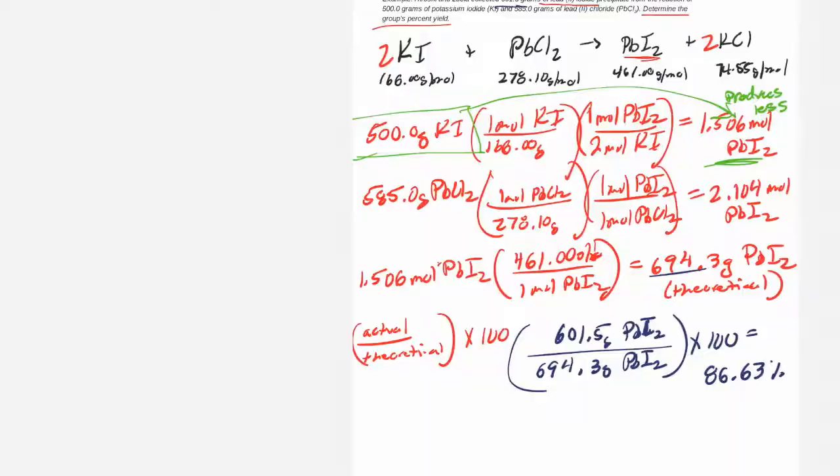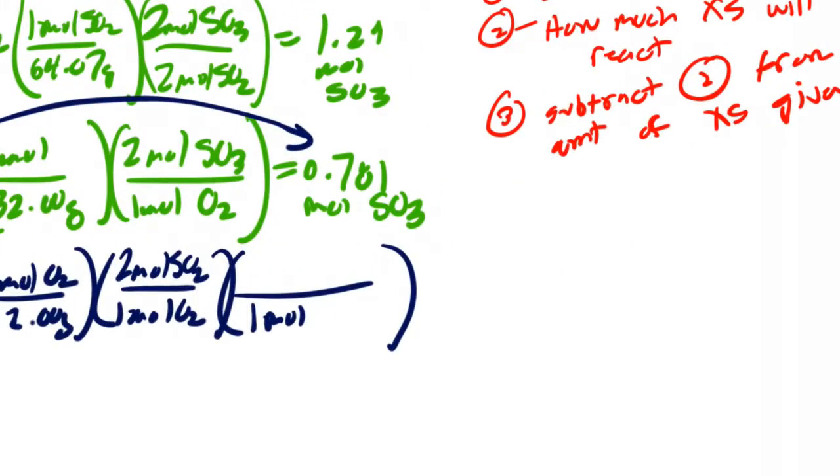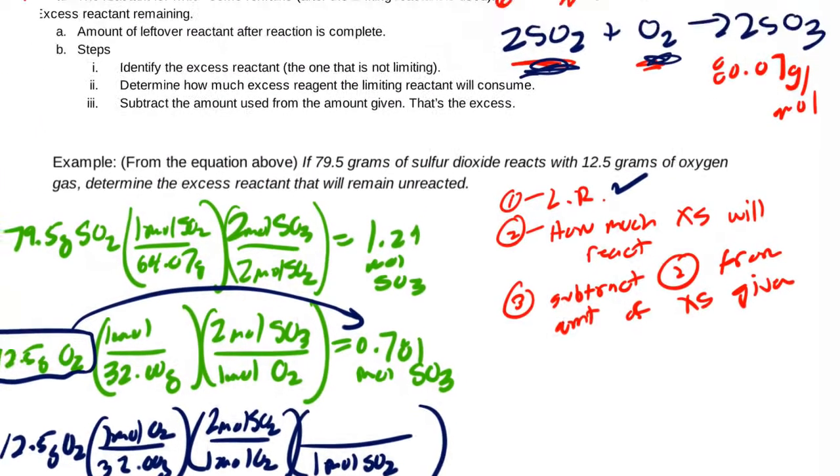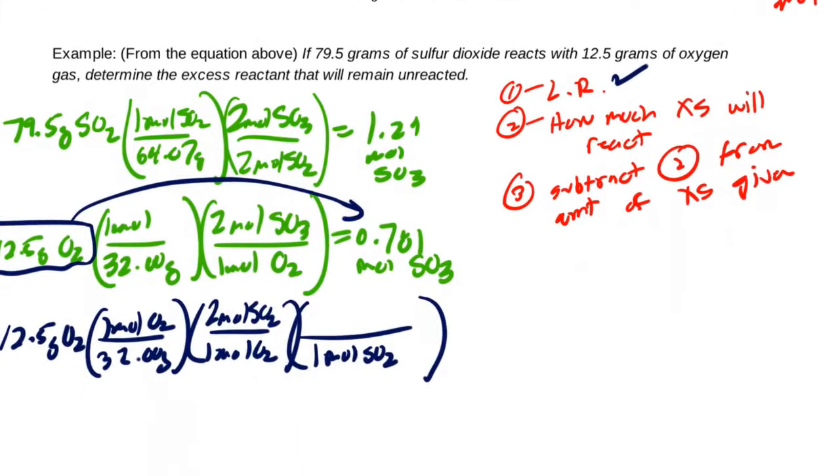So 1 mole of sulfur dioxide weighs, because I did the math ahead, 64.07 grams. Pardon me while I do the math.